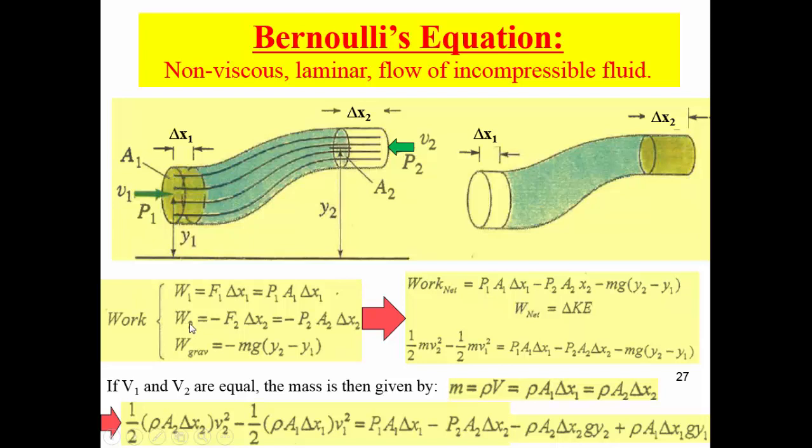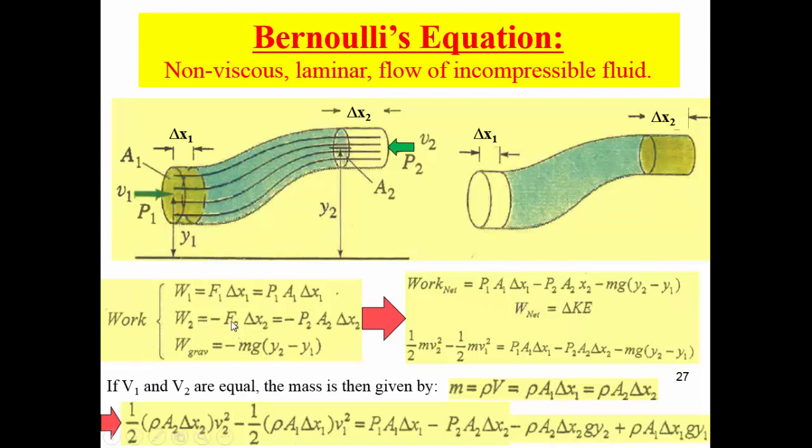Now when the fluid reaches region 2, it's encountering opposite pressure, so the force is negative because the force here is opposite to the motion, and we know any force opposite to the motion will produce negative work because it's dissipating energy.